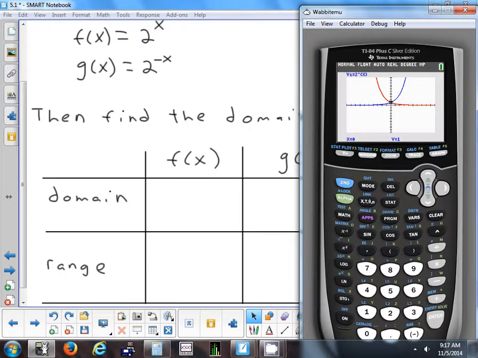Sorry, can you repeat the question? I cannot. What's the domain of the function in blue? Negative infinity to infinity? Yep, that's negative infinity to infinity. And how about the range? Sylvia, what's the range of the function in blue?